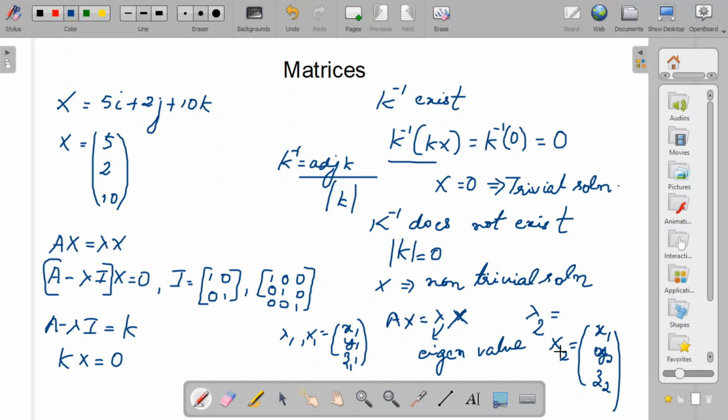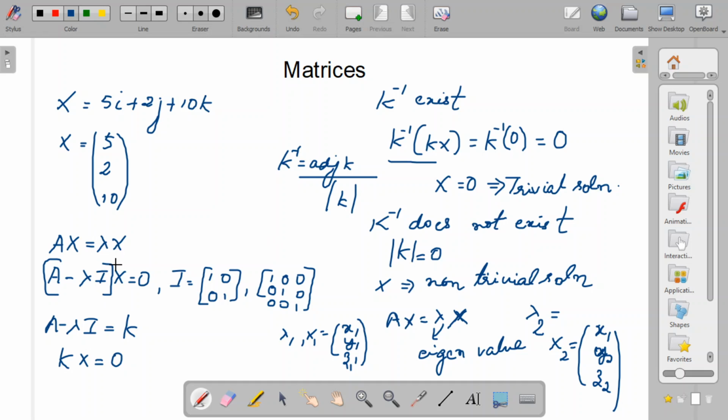Then that value of x corresponding to the eigenvalue lambda 2 is the eigenvector corresponding to eigenvalue lambda 2. So this is about the eigenvalues and eigenvectors of a matrix.